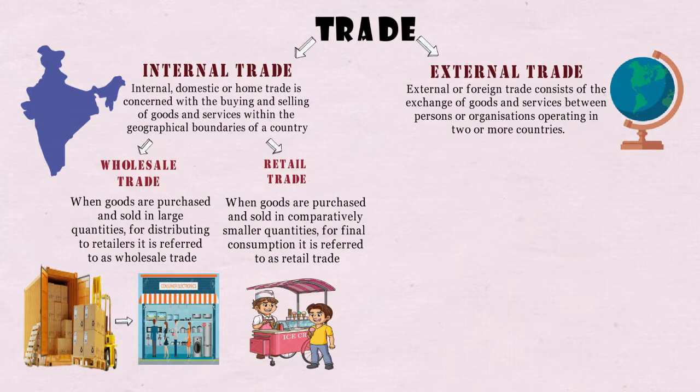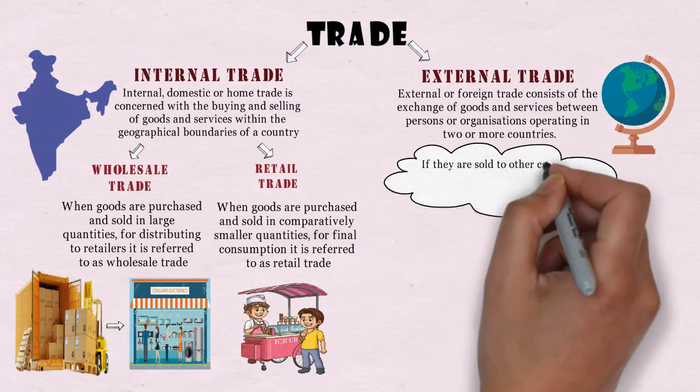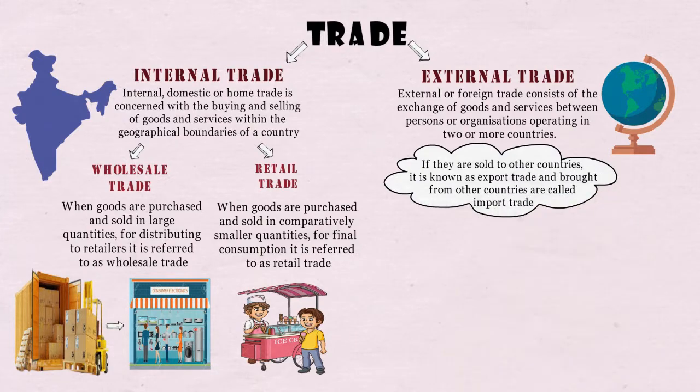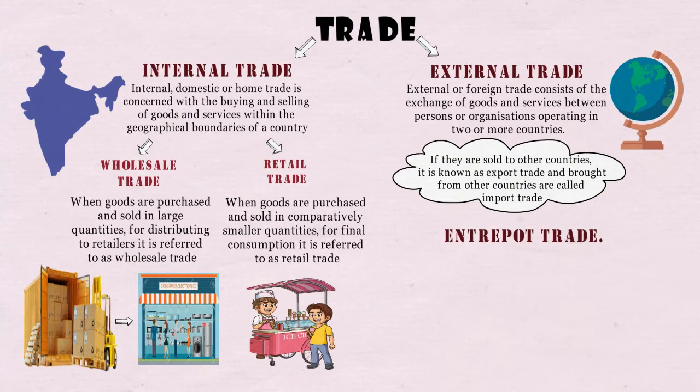First, where the goods are purchased or produced in India, but these goods are sold outside India, then this trade is known as export trade, and the trader conducting such trade is known as an exporter. The vice versa of this situation is where the goods are purchased from outside India and sold within India. It is known as import trade, and the trader conducting such trade is known as an importer.